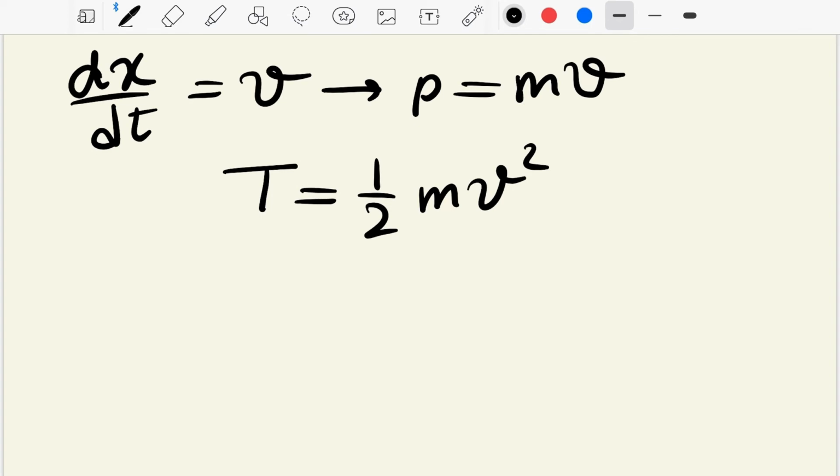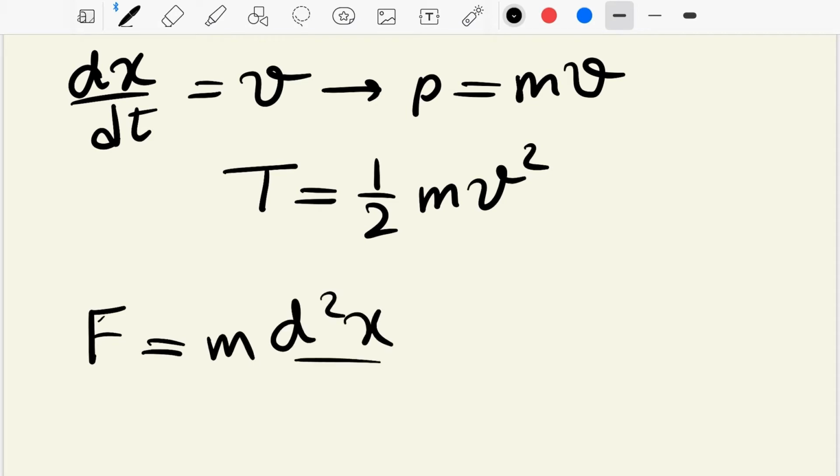We have two or three approaches to find x as a function of time. One is Newton's second law, which is F equals m d squared x over dt squared, or also we can use Lagrange or Hamilton formalisms, but all these approaches give the same result.